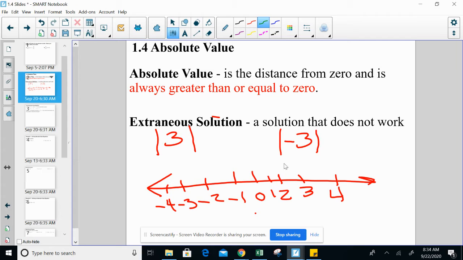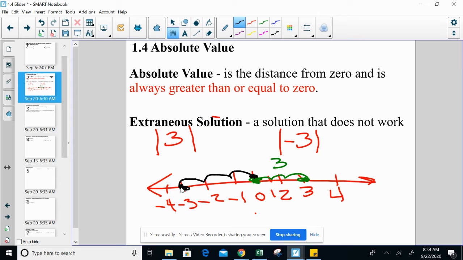If I'm starting at 0 and I walk to 3, 1, 2, 3. Obviously here we went into the positive, and so it's 3. That's the distance from 0. Now let's walk from 0 to -3: 1, 2, 3.